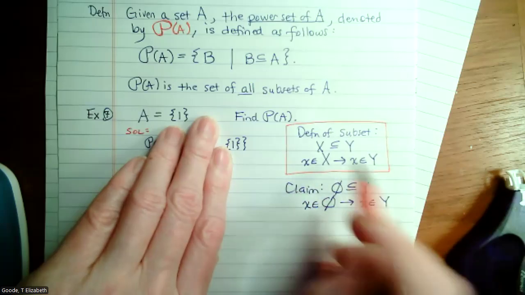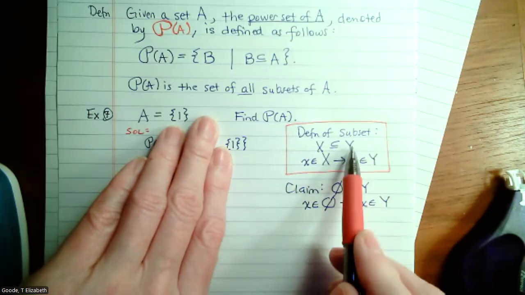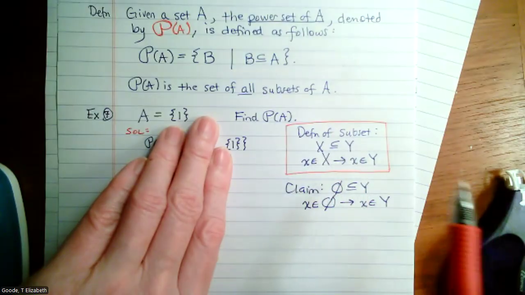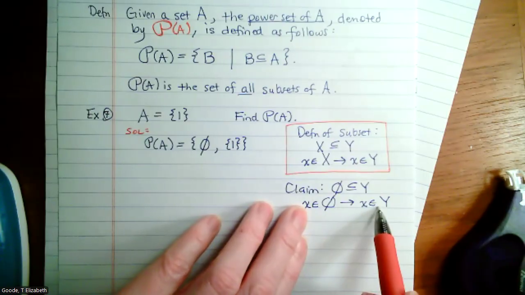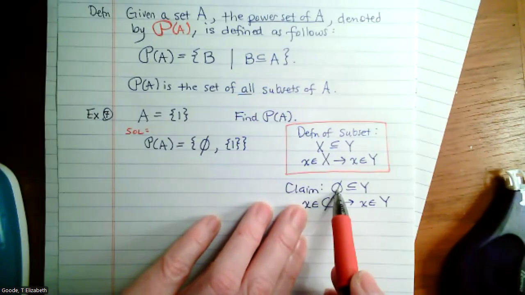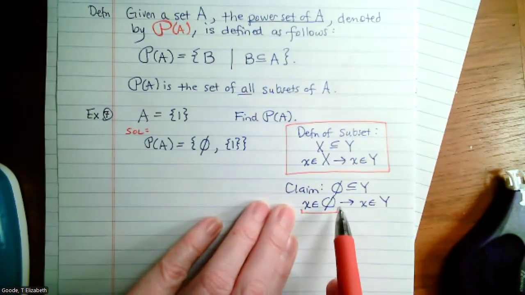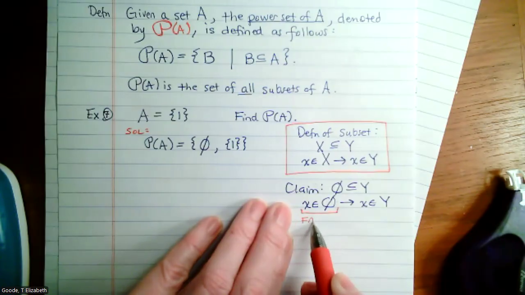That's the way we proved subset inclusion. We took an element little x from set X and we proved that that element lived in set Y. Remember how we chased elements? All right, well, this if-then definition of subset is true when the set X is the empty set because, what do we know about an if-then statement when the hypothesis is false?